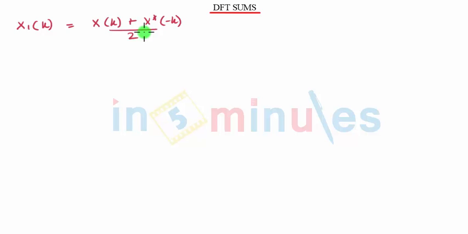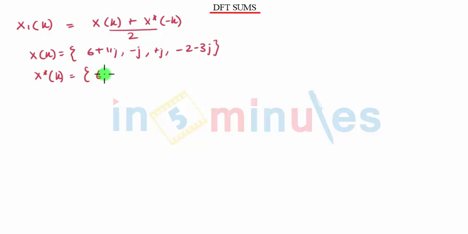Now we know that x of k is given by 6 plus 11j, minus j, plus j, and again minus 2 minus 3j. The complex conjugate will be x star of k: 6 minus 11j, j, minus j, minus 2 plus 3j. Now we are going to add these terms, but before adding, we know that the complex conjugate here is stating that it should be of minus k.